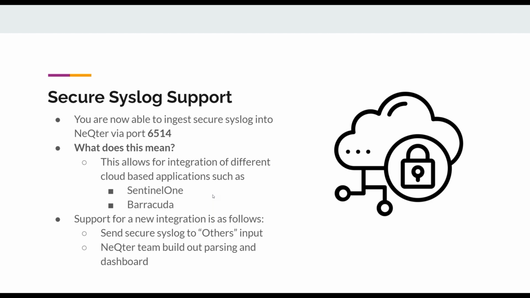So we're doing that with Sentinel-1 now. Another one is Barracuda, for example, has that same form and function. So we have this capability now, super exciting. So we can grab that net new data and start to support that.